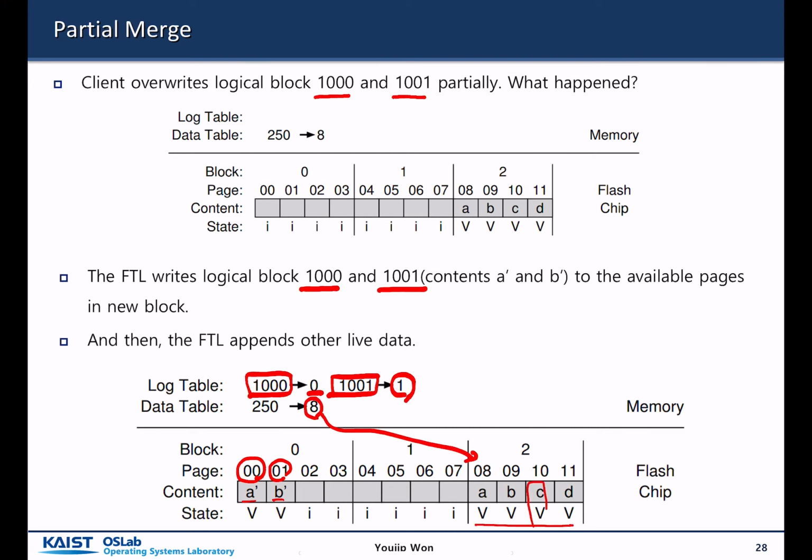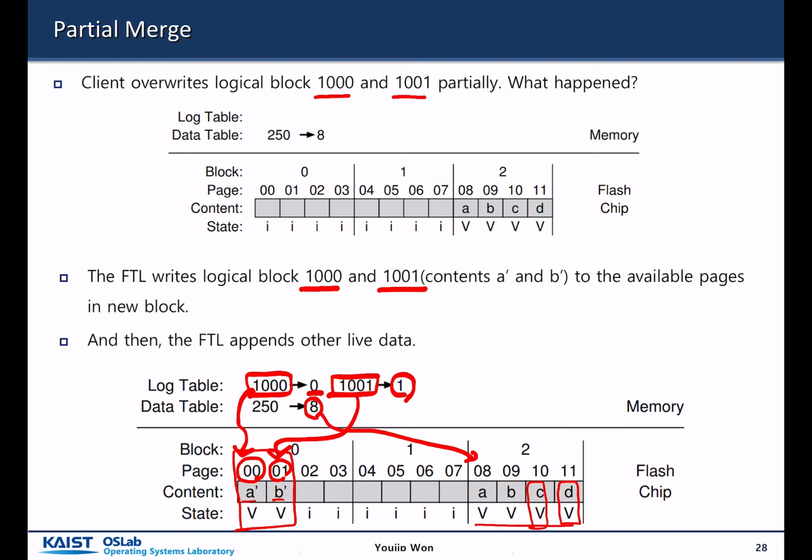However, this one is the real content that contains the most recent copy of the data. So when a read request comes, the read request for page 1000 should be mapped to this region, and the read request for 1001 should be mapped to this region. That's why, when we perform address translation, hybrid mapping should consult the mapping table for the log blocks first, and then the data blocks next.